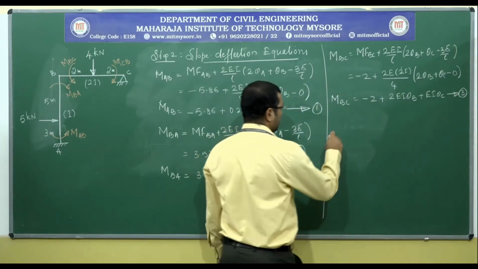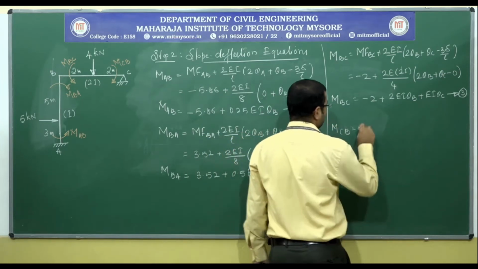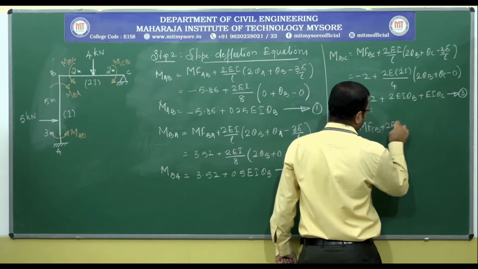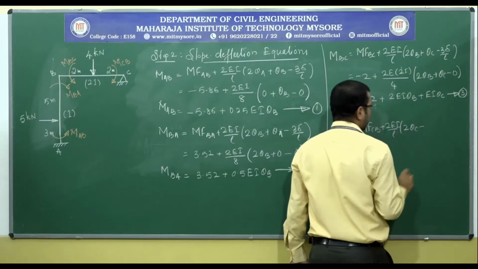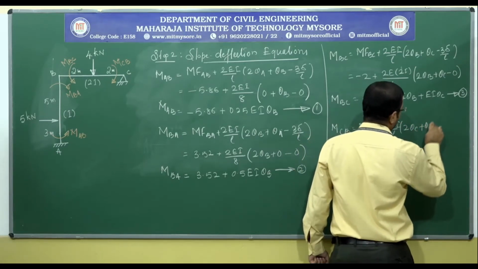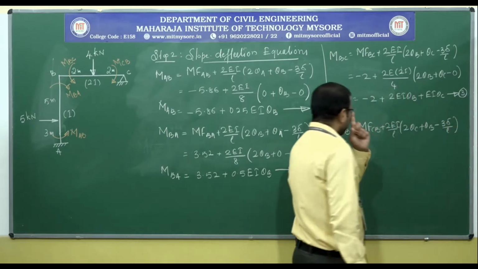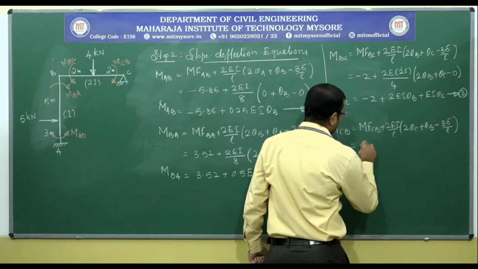Now, similarly, let me write one more equation, MCB is equal to MFCB plus 2EI by L into 2 theta C plus theta B minus 3 delta by L. Here the MFCB value is plus 2.